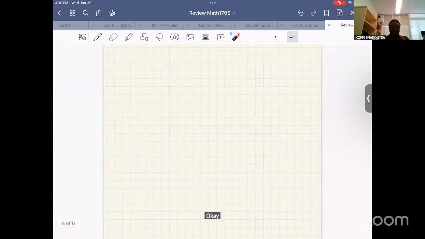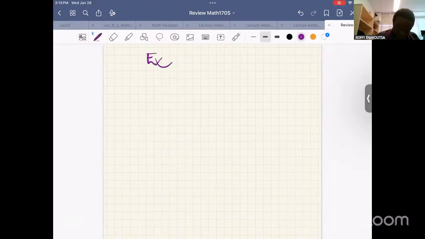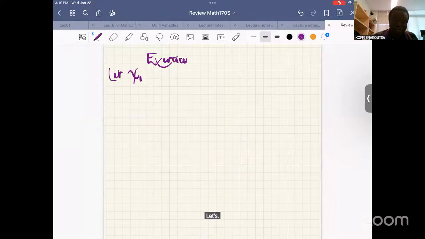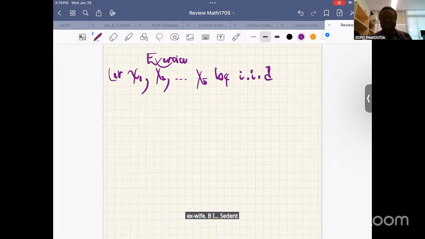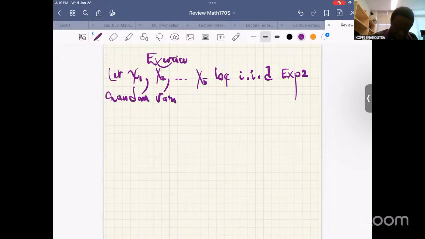Okay, first one. So for the first one, let X1, X2, X3, X4, X5 be i.i.d., so identical and independent random variables, with exponential of 2 distribution.